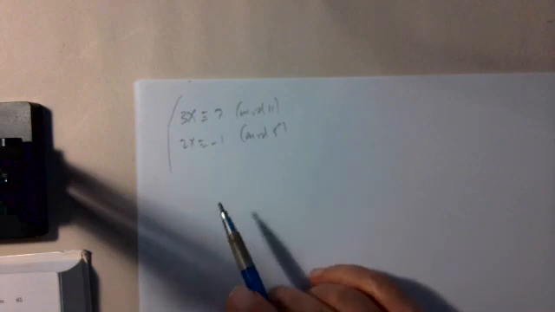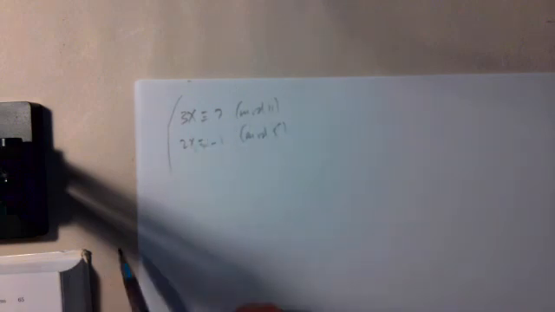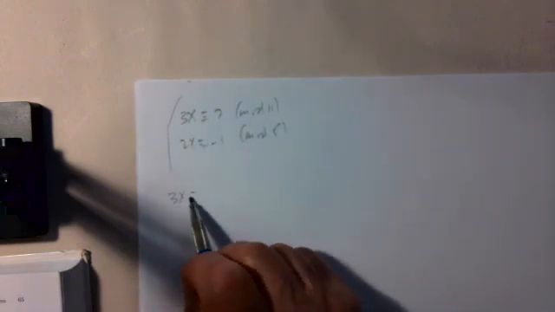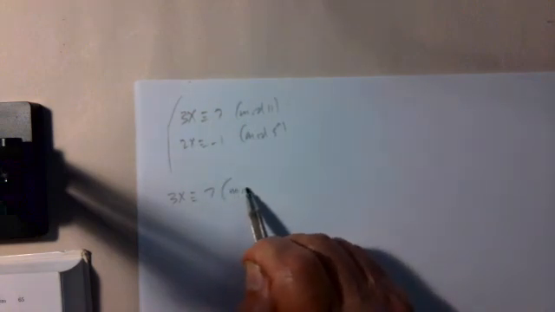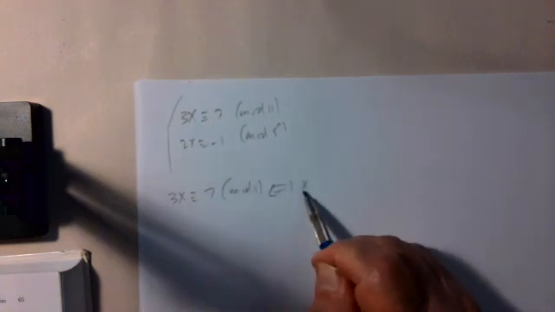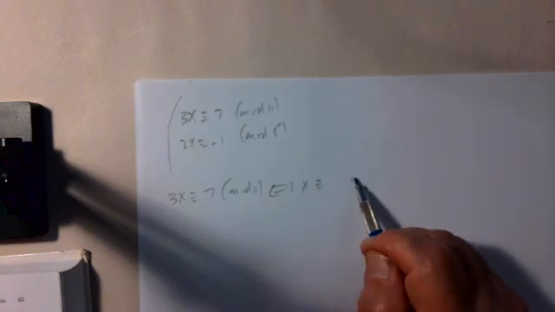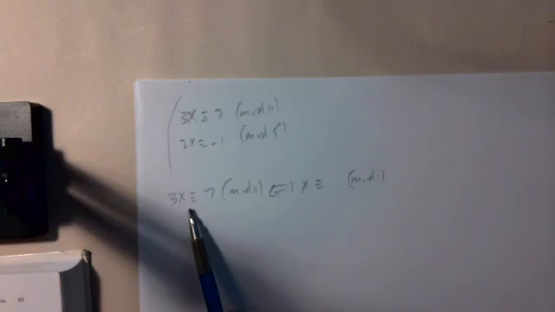What I can do is solve each of these congruences separately. So what are the solutions of 3x congruent to 7 mod 11? There's going to be a unique solution mod 11. Find a solution to this congruence. Can anyone find a solution? If nothing else, you can just start going through the numbers 0, 1, 2, 3, 4, up to 10.